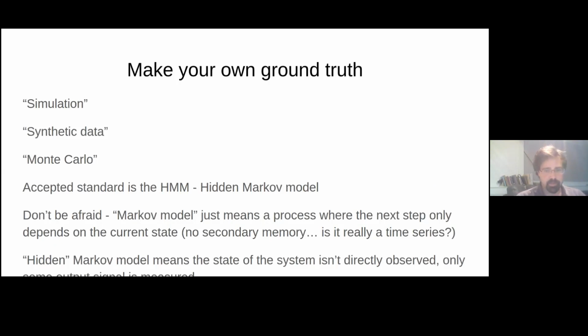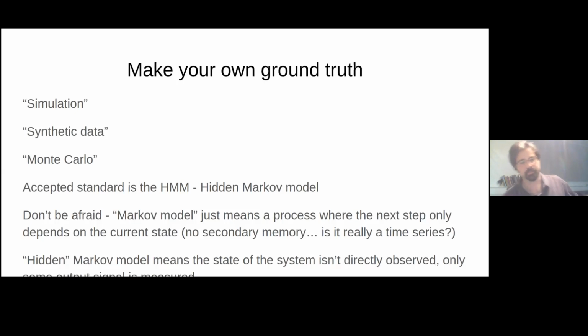The standard is this HMM, the hidden Markov model. The Markov part just means that it only has one step of memory: the next state only depends on the current state of the system. And the hidden part means that you can't observe the actual state of the system.